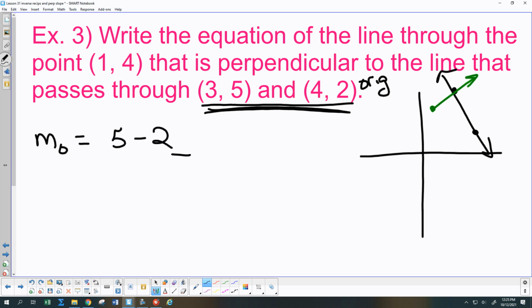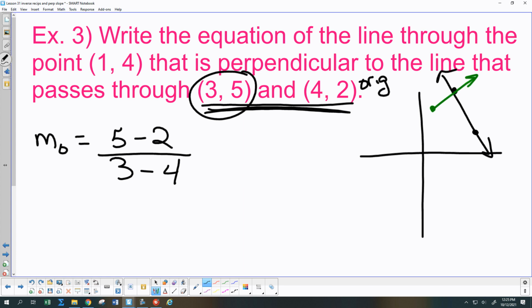Okay, 5 minus 2 or 2 minus 5. I don't care how you start, but then I care how you finish. So pick either y to start with and subtract the y's on the top. 5 minus 2, but if you do it that way, Elizabeth picked to start with 3, 5.